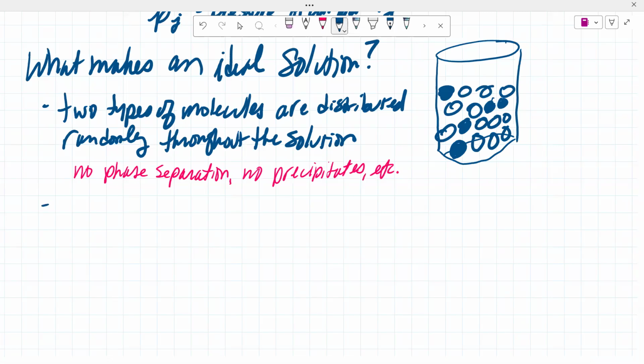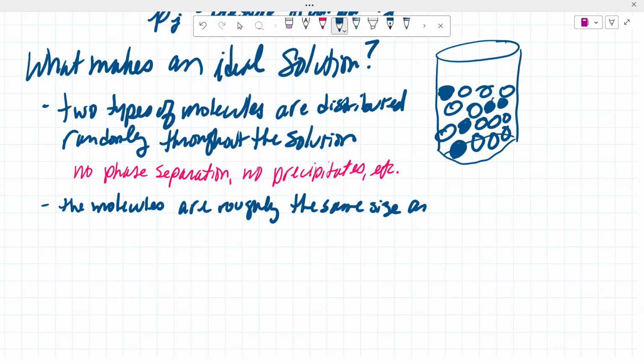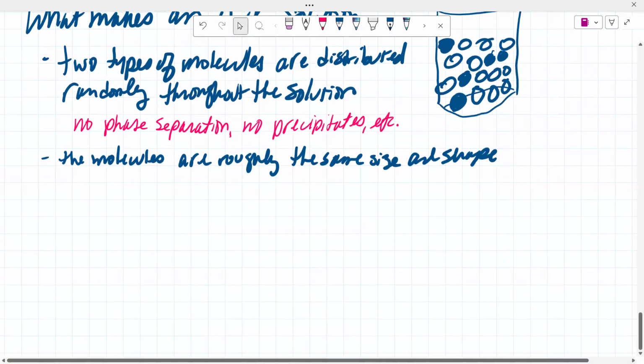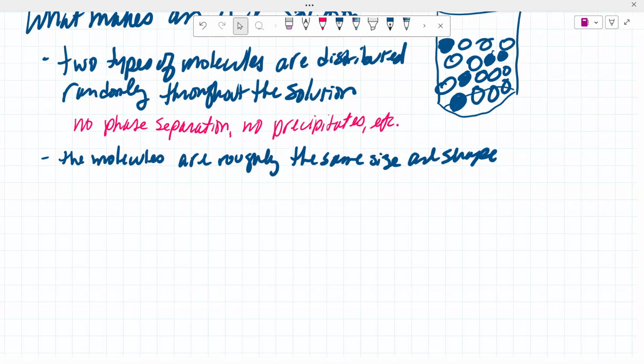We're also going to assume molecules are roughly the same size and shape. Intermolecular forces in the pure liquid are similar, such that the molecules interact with each other similarly to how they interact with their own kind.